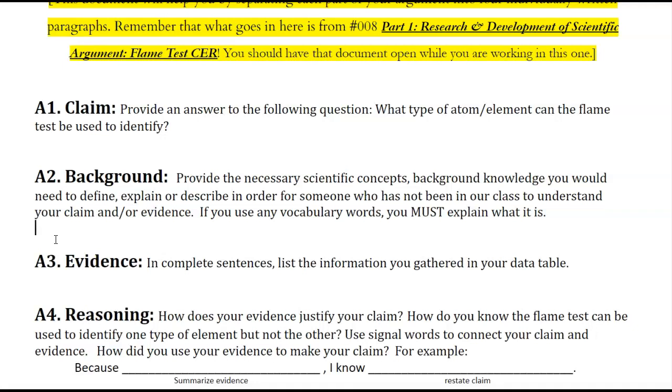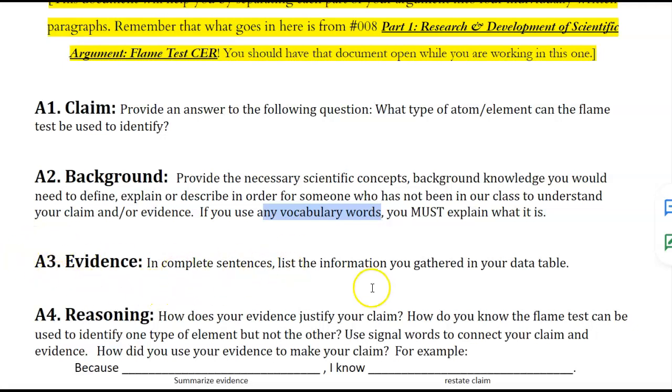So go back to that background research and fill those pieces in here. If you're using really in-depth vocabulary that you feel you yourself may not understand, you should be explaining how it's relevant and explaining what it is so that somebody reading this has the feeling that you know what you're talking about, okay?